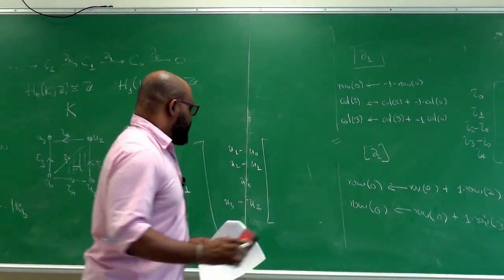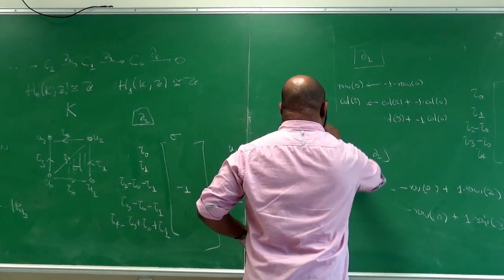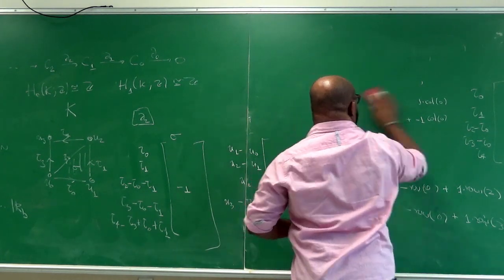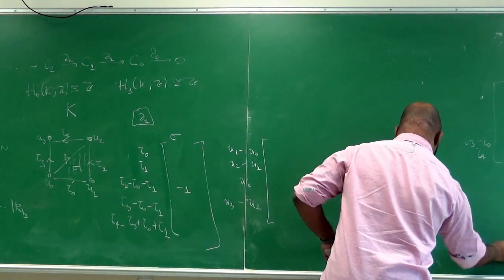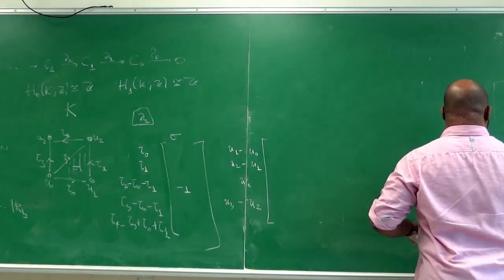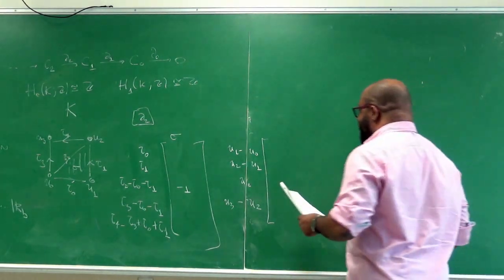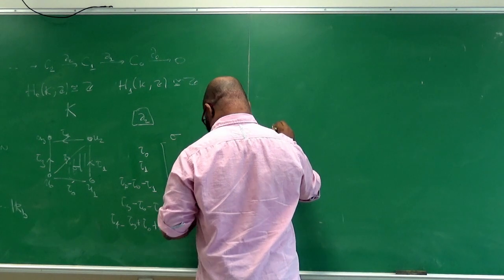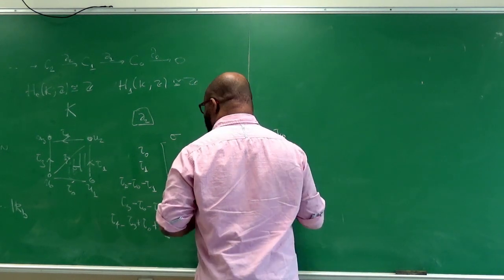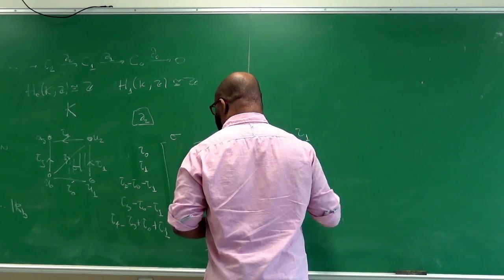And then in here, you get the same basis that you have there. Tau 0, tau 1.